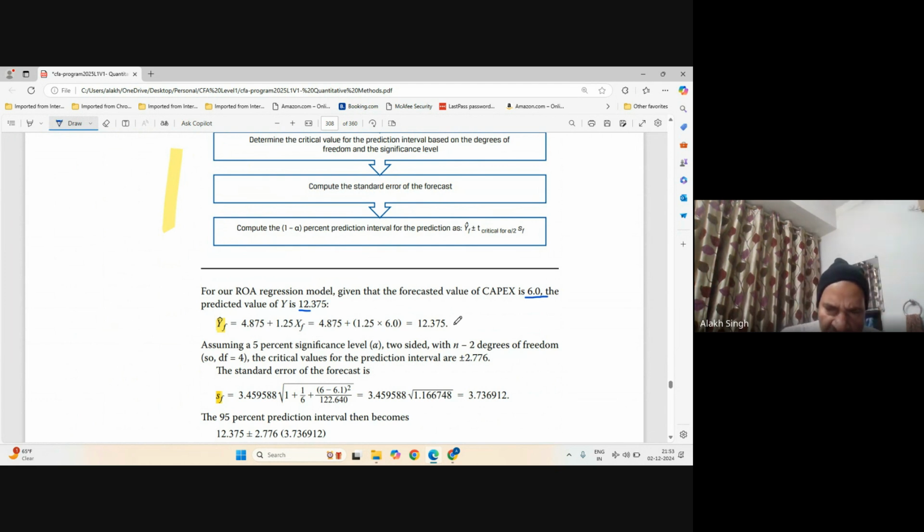Interval estimate, with how much confidence? 5% significance means 95% confidence level. The t value for two-tailed is 2.776 because degrees of freedom is small. Had it been 30, then it would have been 1.96. So what is the standard error of forecast that has been calculated? The standard error of forecast comes out to be this. So we will multiply t alpha times this.